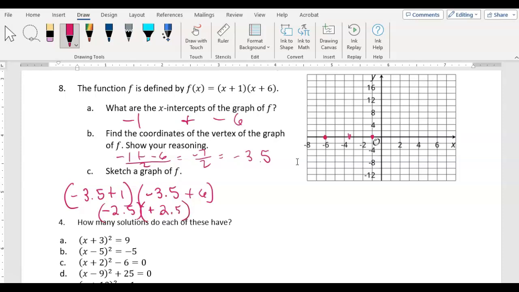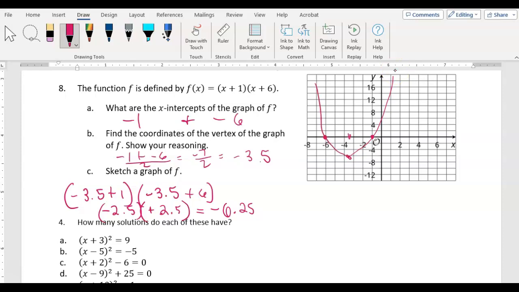So 2.5 times -2.5 is, oh, sorry, just kidding, is -6.25. And so the y value of our vertex will be just below -6, about here. And so this is what our graph will look like.